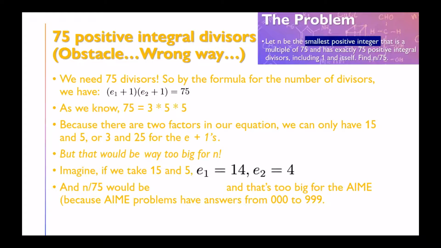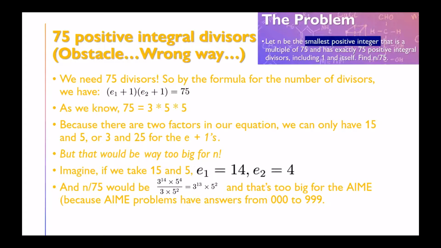We would get e1 equals 14 and e2 equals 4, because 15 minus 1 equals 14 and 5 minus 1 equals 4. And the problem is that n over 75 would be 3 exponent 13 times 5 exponent 2, and that would be way too big for the AIME, because AIME problems have answers from 0 to 999.